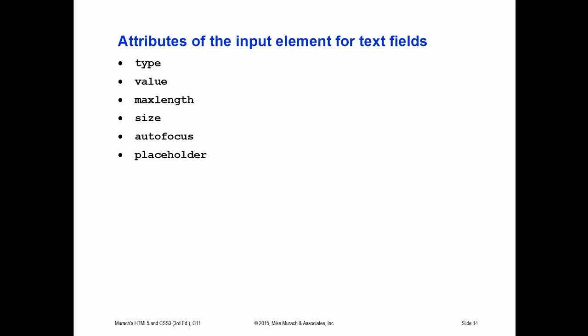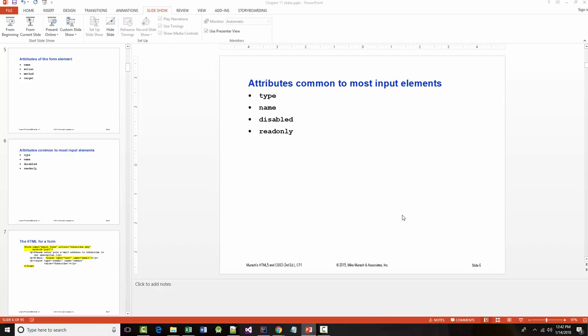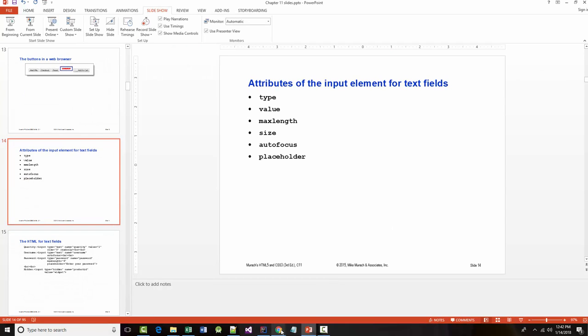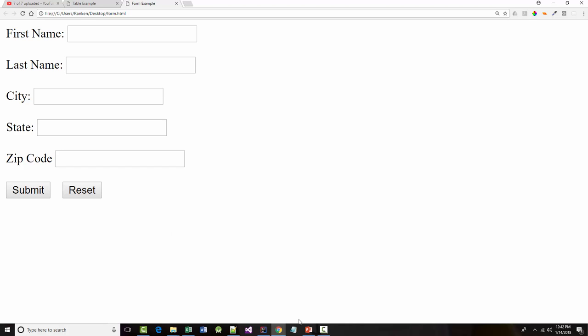Some of the attributes that you can use for an actual text field are shown on the page. I've used text, but notice there's also password and hidden. So if you look at the example we have been using, if I want to type in some information, I can put whatever I want in here.